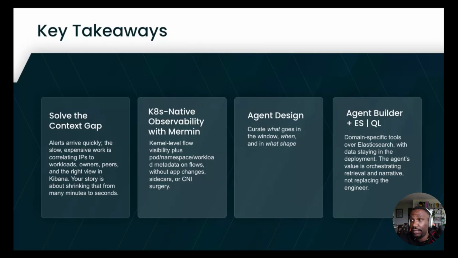And then lastly, it doesn't always have to be a fancy tool. I know there are a lot of MCP servers available that you can integrate with, but a tool doesn't always have to be that verbose. It can be as simple as a query that allows you to narrow down what your agent actually pulls in. And the agent builder plus ES|QL allows you to do that very seamlessly. And if you didn't see, they also have the MCP integration.